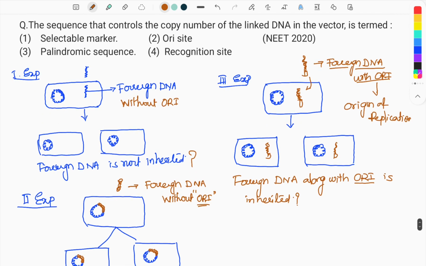Now let us see the question here: the sequence that controls copy number of linked DNA with the vector is termed as?